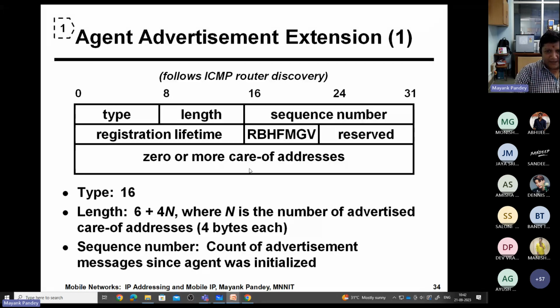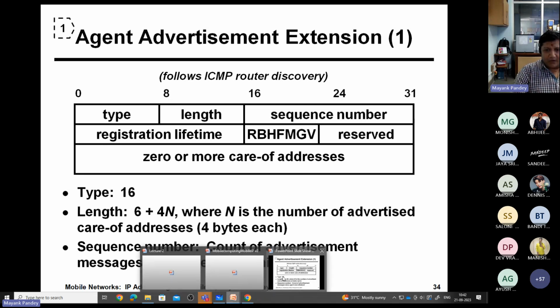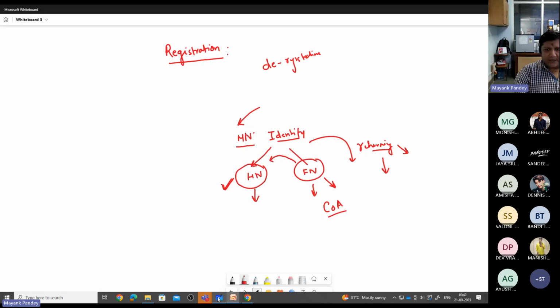And the mobile node can take these care of addresses when it has visited the foreign network. Now, what is getting done here? If a node is moving into a foreign network, it will listen to the agent advertisement and take one care of address, and then using the foreign agent, it will register with the home agent. This is the process of registration.